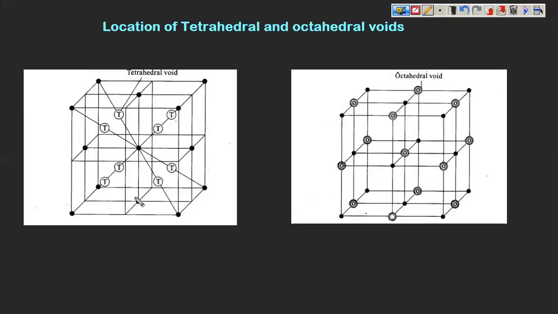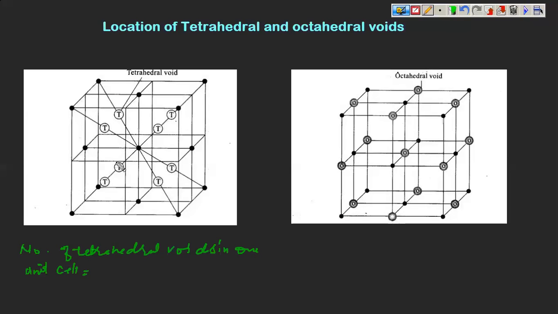So if we calculate the number of tetrahedral voids in one unit cell, how will we calculate?